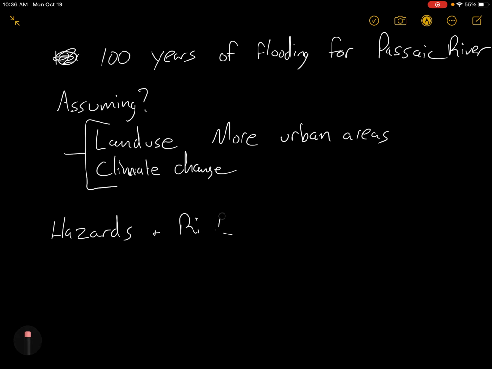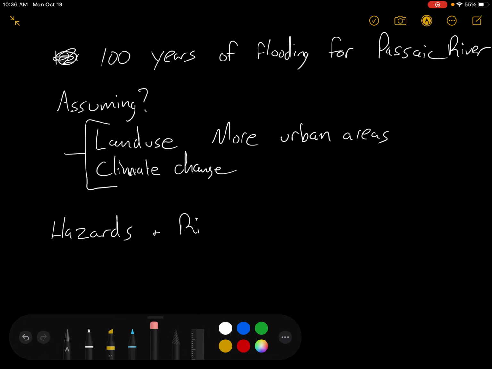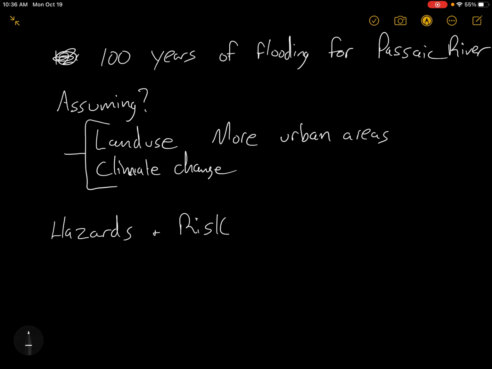Now let's explore this idea of hazards and risk. You remember the hazard is the event itself. In this case, it's the flood. And then risk is a combination of two components. It's the impact times the chance.